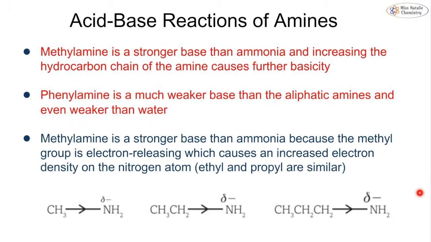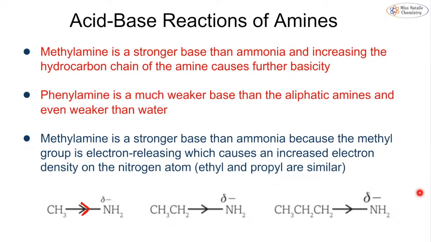So we have to understand the reasons why increasing the hydrocarbon chain causes more basicity, and it is to do with the electron density on the nitrogen atom. So methylamine is a stronger base than ammonia because of the hydrocarbon chain. Basically what the hydrocarbon chain does, as you can see from the diagrams at the bottom, is it pushes the electron density towards the nitrogen.